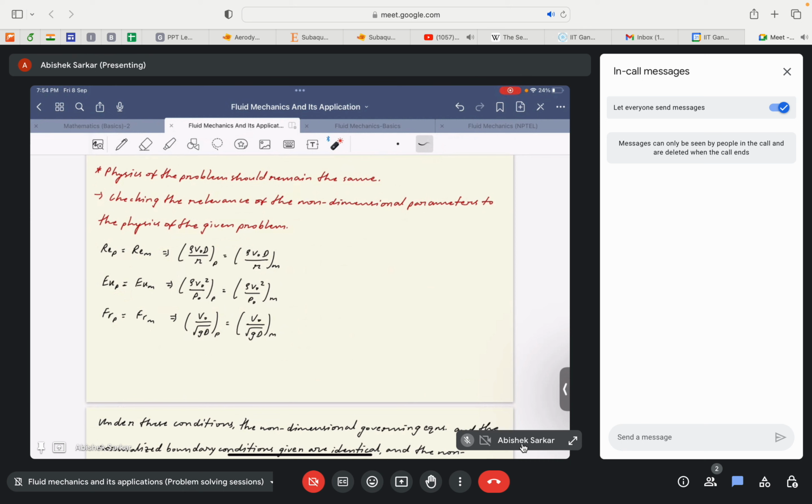So how it happens, you will see there are various methods or approaches that the researchers have been using from the very inception of the concept of dimensional analysis.